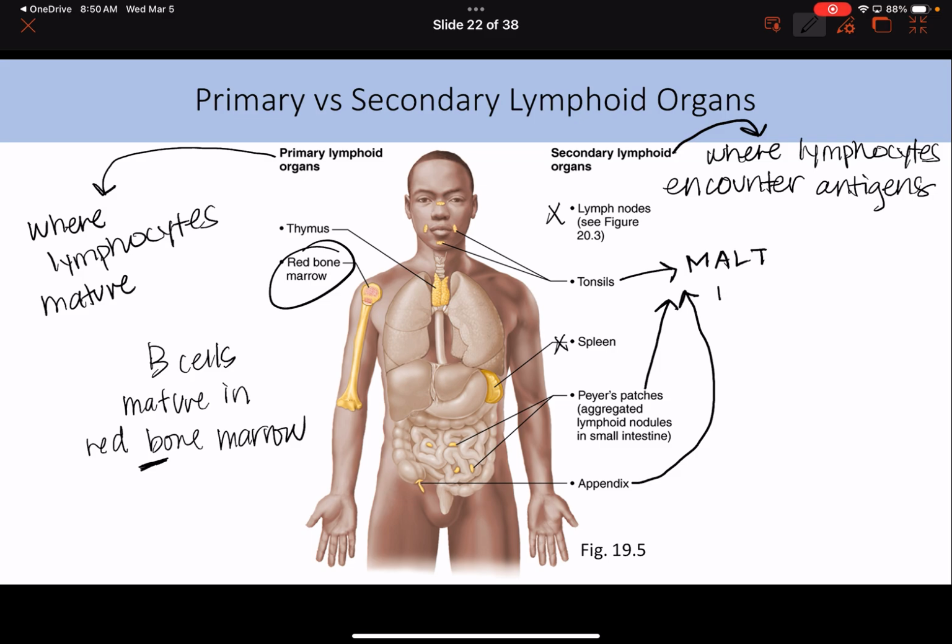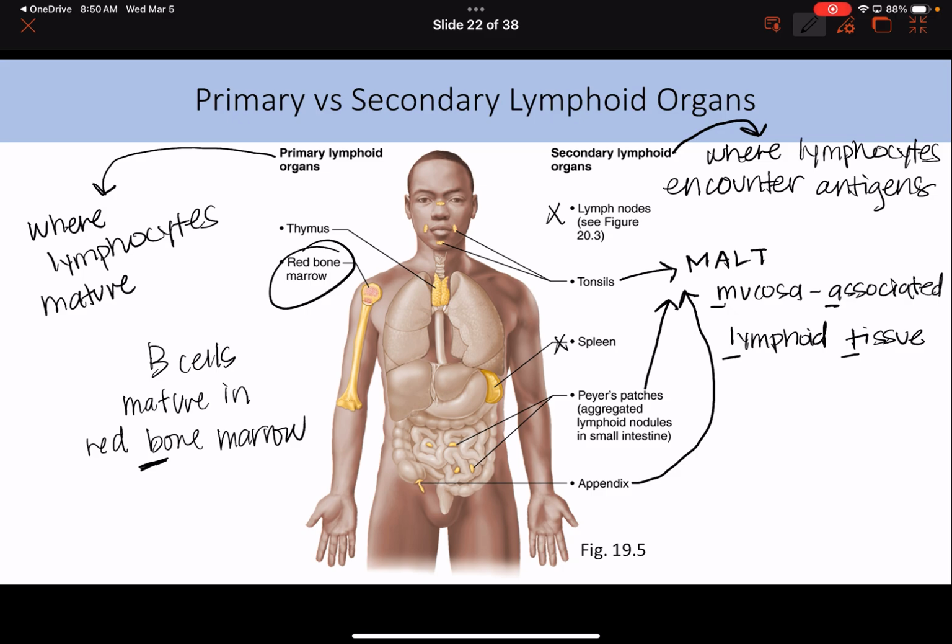MALT stands for mucosa-associated lymphoid, or you could say lymphatic, tissue. So those are all lymphoid organs that are associated with mucosa.